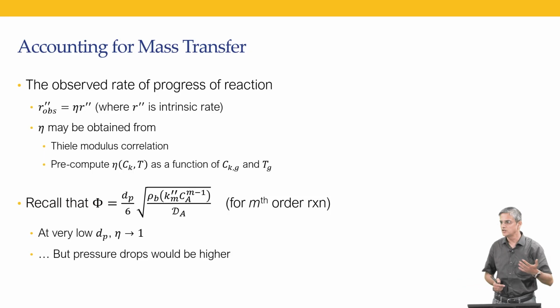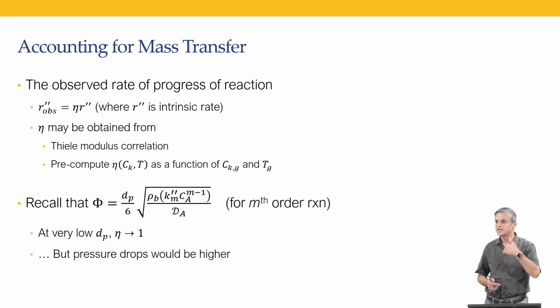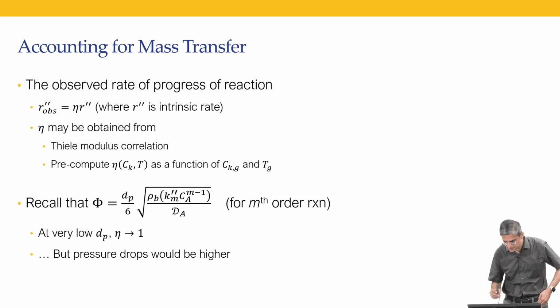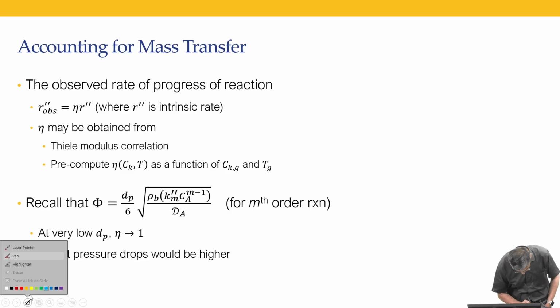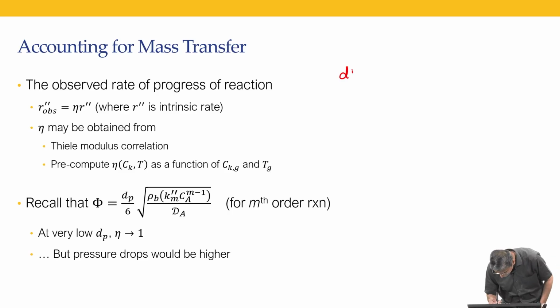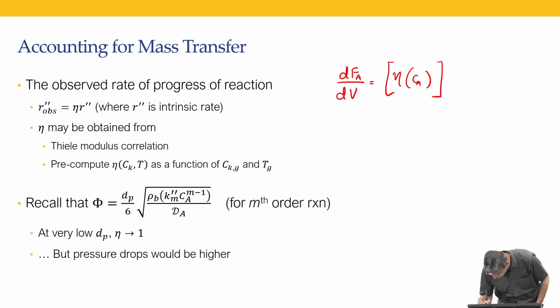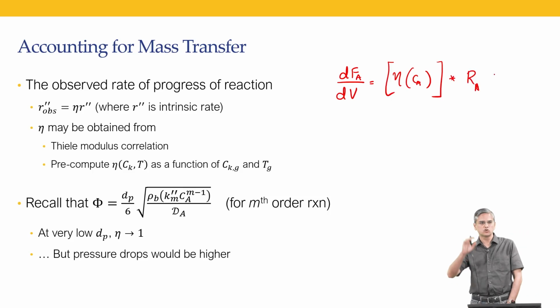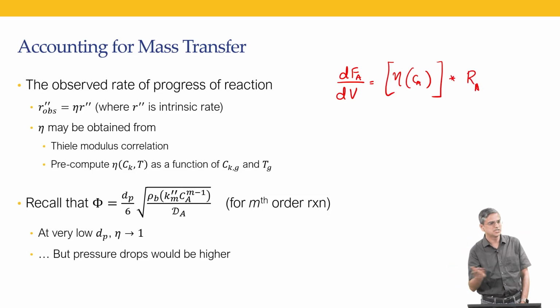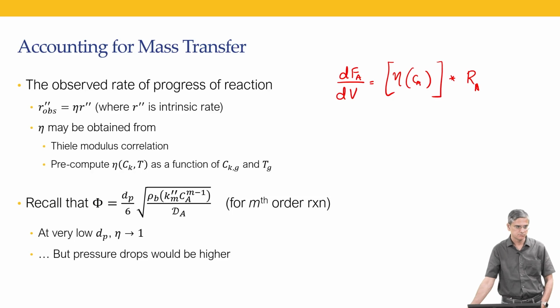If it is a non first order reaction, your eta depends on concentration. If eta depends on concentration, this eta is no longer a constant number, it just varies with concentration. Okay, that is all.